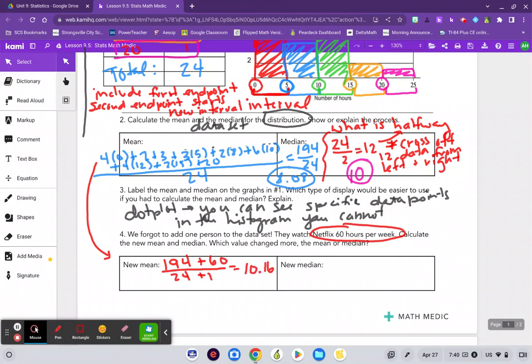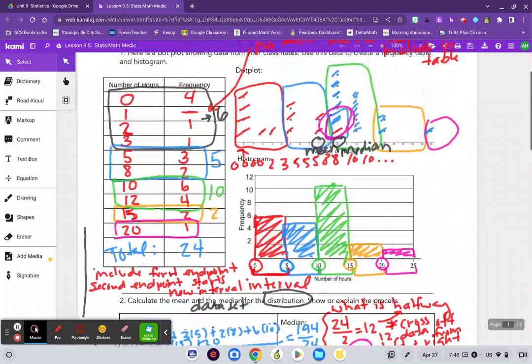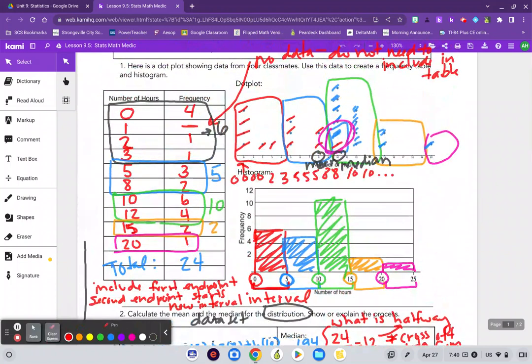All right, let's talk about the new median. And so I'm going to come back up here to my dot plot. I'm going to add 60 all the way over here, as if I have the correct scale on my axes here, and I don't. But I'm going to, again, think about this, and now I have 25 pieces of data. I'm going to find the midpoint, and so that would be 12 and a half.